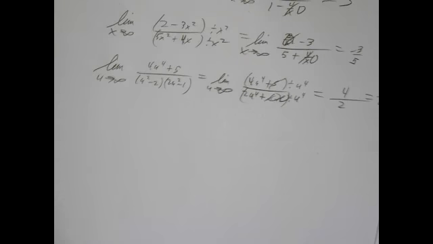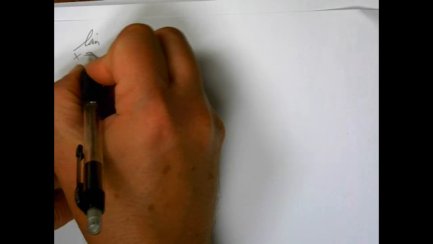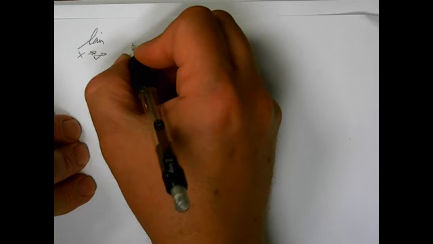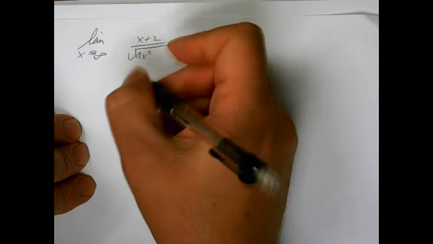All right, now, next problem type. Let's look at something a little bit different. I've got one here that says limit as x approaches infinity of (x plus 2) over the square root of 9x squared plus 1.